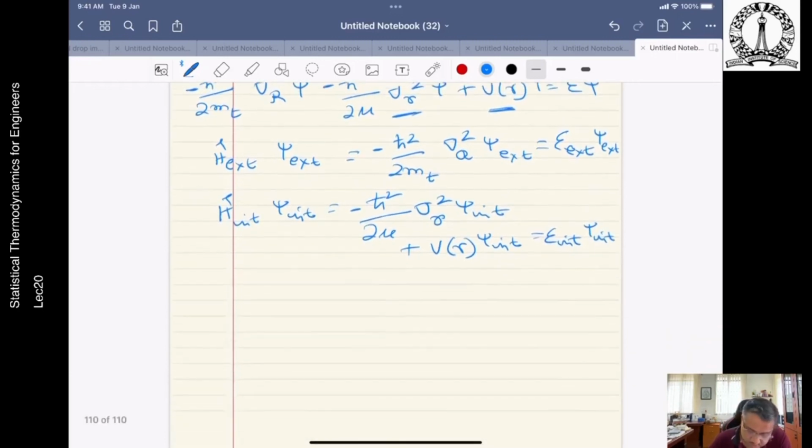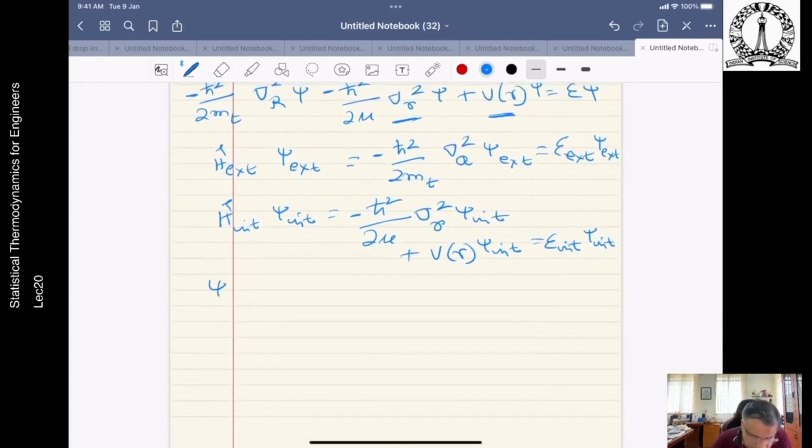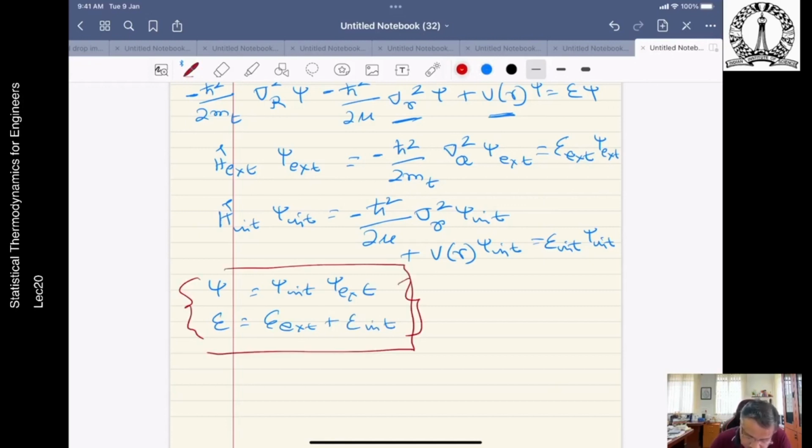Okay, so the total wave function is written as psi internal into psi external. Energy is equal to E external plus E internal. Okay.